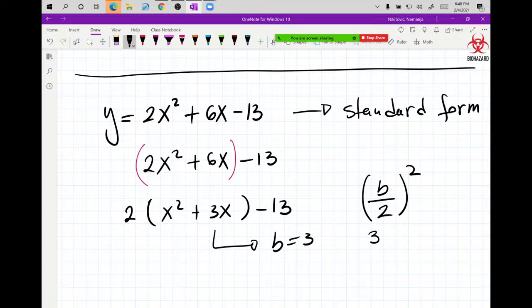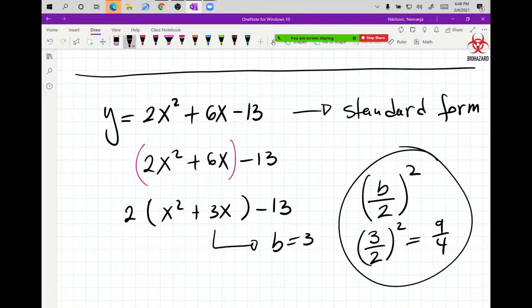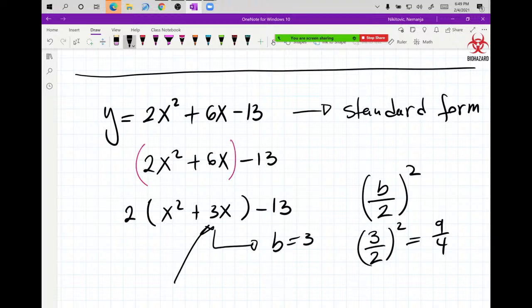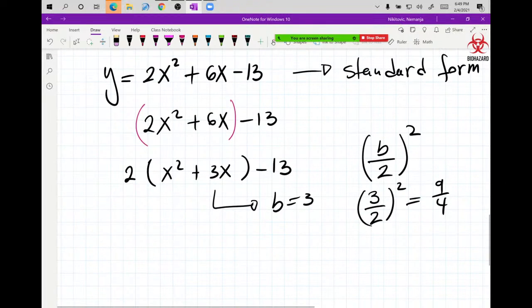So I have 3 over 2 squared, which is 9/4. Now, you have to do this calculation every time. Sometimes it's going to be a fraction. Sometimes you are going to have an even number there, and then it's going to be a whole number. It doesn't matter.